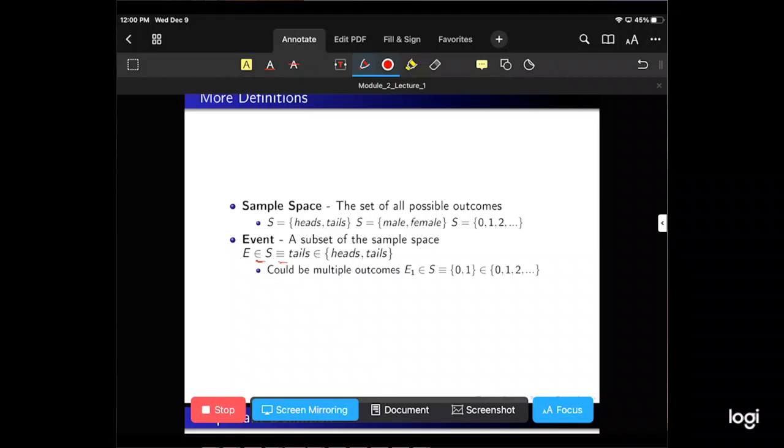So here we have the sample space is heads and tails, and then our event or outcome is tails. You could have multiple outcomes, so instead of just one, we could have E1 as a subset of the sample space, which is all positive integers, but the outcome or event is just 0 and 1.